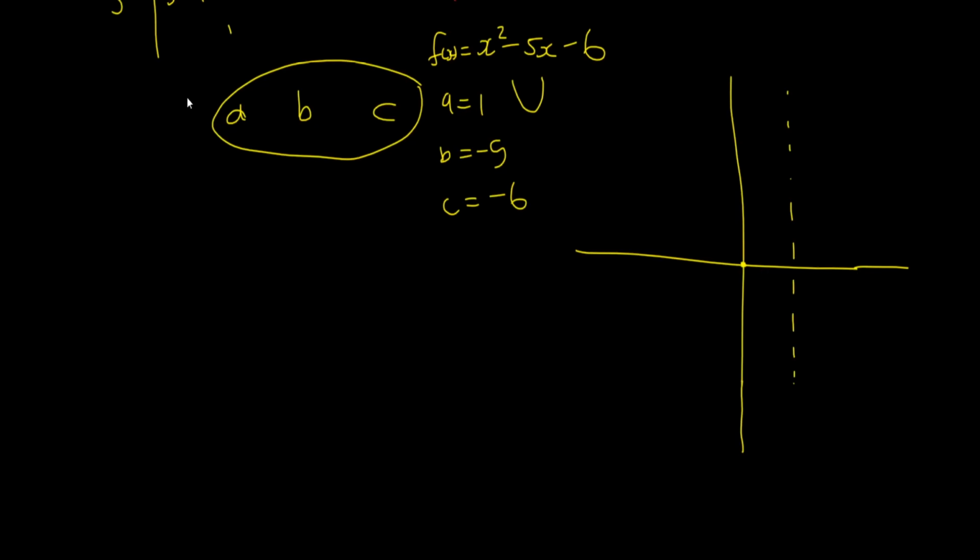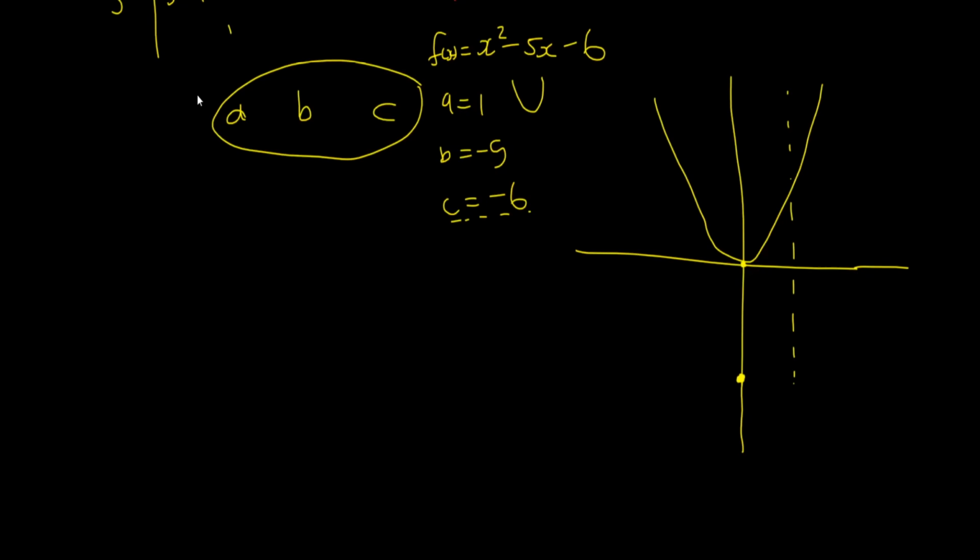And then I also have c equal to minus 6. That means I have a y-intercept of minus 6. So that means I'm cutting my graph here. From the original graph that was like this, I translate to the right.